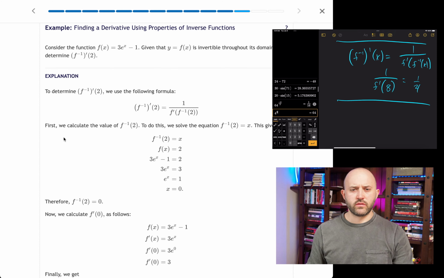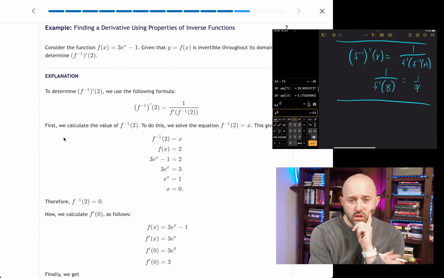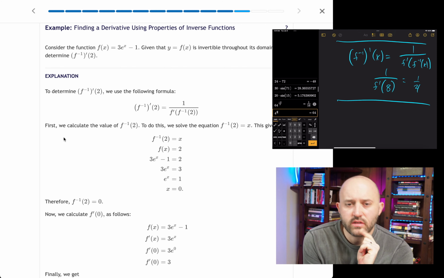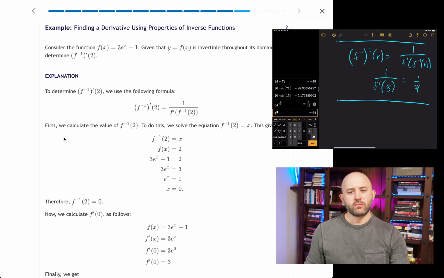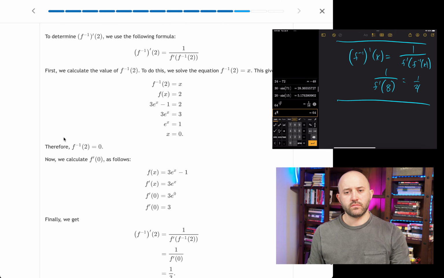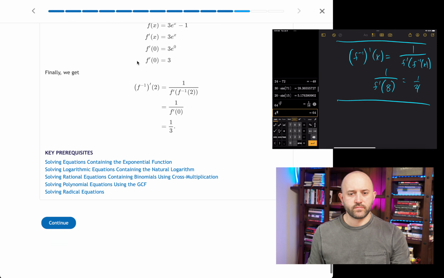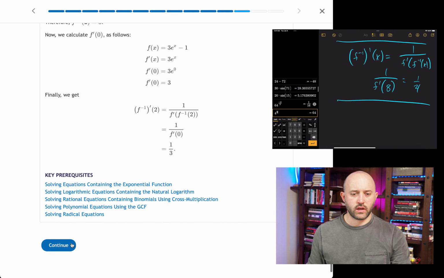Finding the derivative of a property of the inverse functions. f of x is invertible throughout its domain. What is f inverse prime of 2? Okay, I think that makes sense.